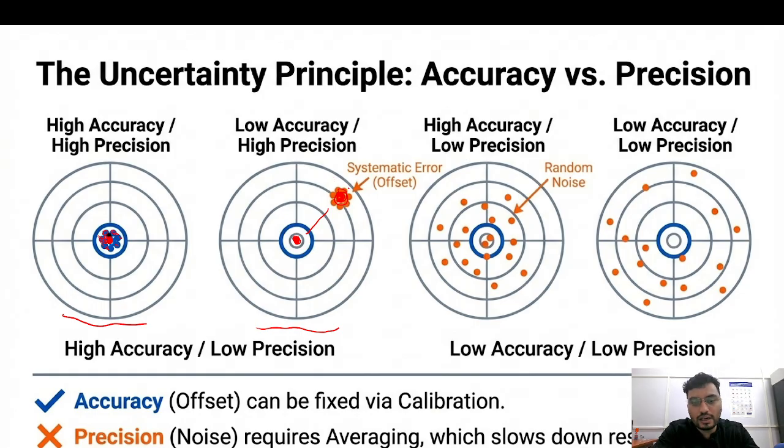The sensor is working fine, but it doesn't have calibration. In the next one, accuracy is high because there are points inside and outside, but if you do an average, all come to this point. But it is scattered, so precision is very low for this sensor. The precision is low but accuracy is high.